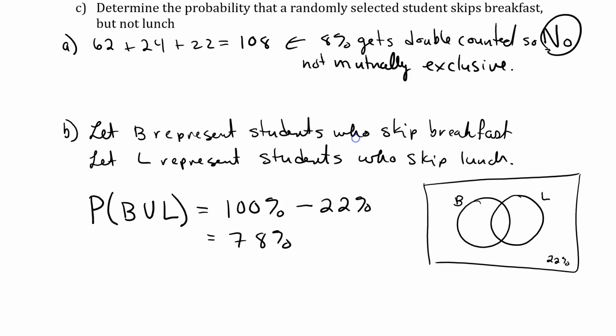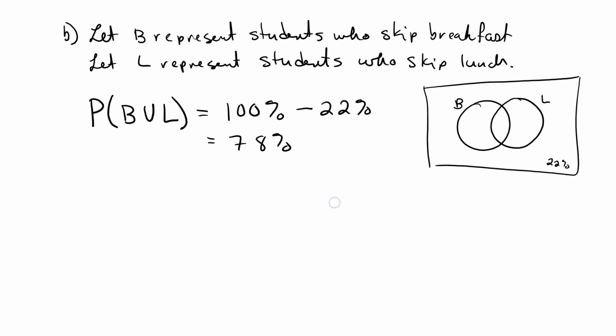Question C says, determine the probability that a randomly selected student skips breakfast, but not lunch. So essentially what we're doing is I'm just going to color in here. We're looking for this right here.